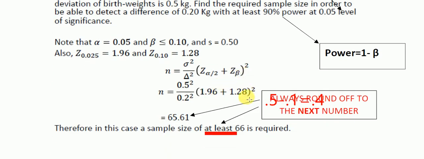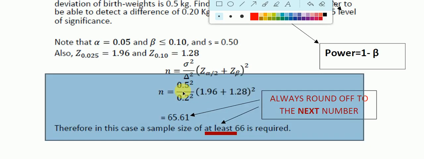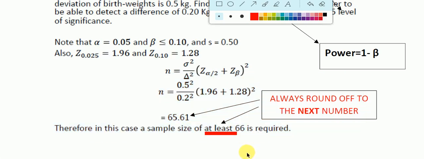Z beta is 1.28 or 1.29, doesn't matter, because we are calculating manually, so it can be a bit different. Then 0.5, which is the standard deviation, 0.2, which is the difference, and then z alpha by 2, how it is calculated we'll discuss, and then the value is 65.61. So therefore in this case a sample size of at least 66 is required.